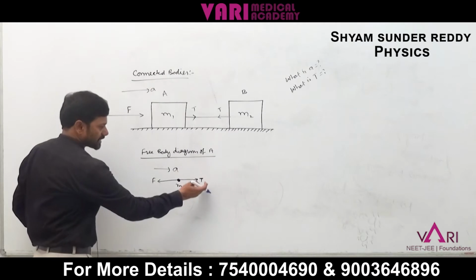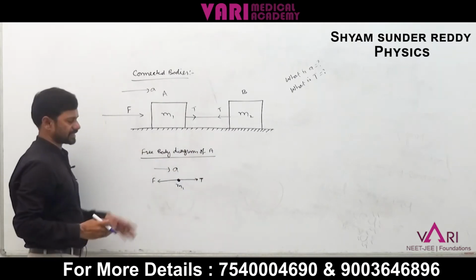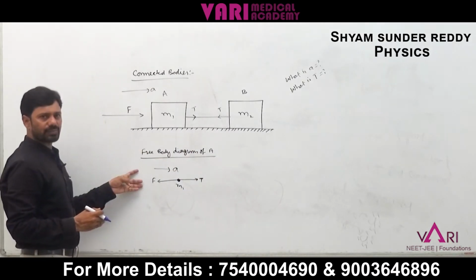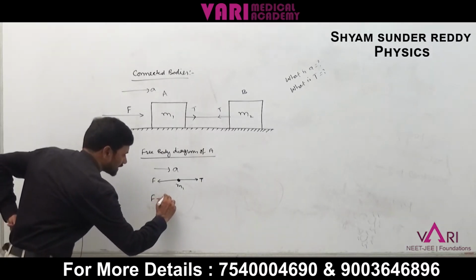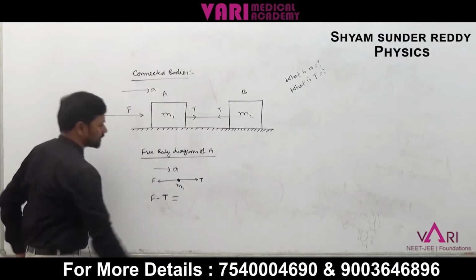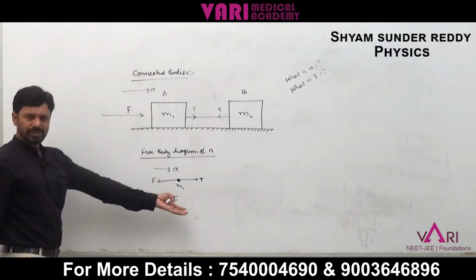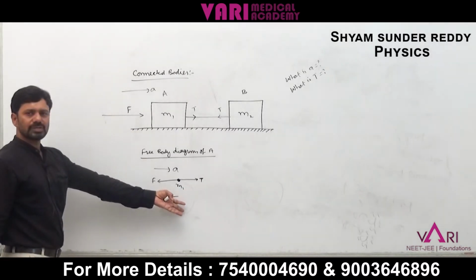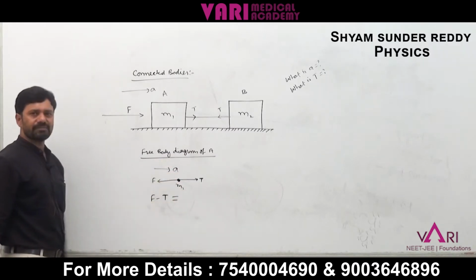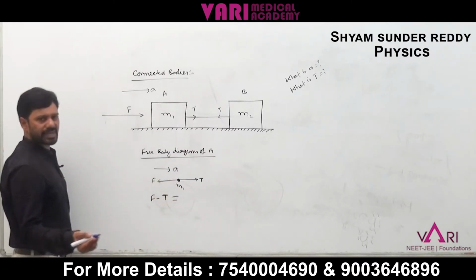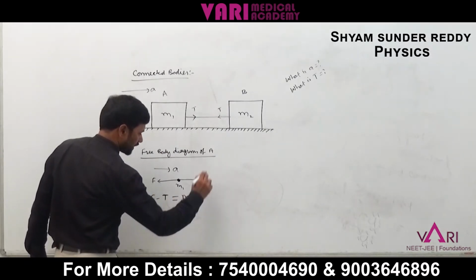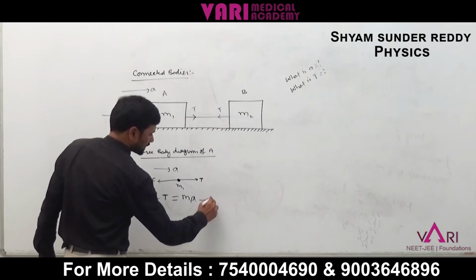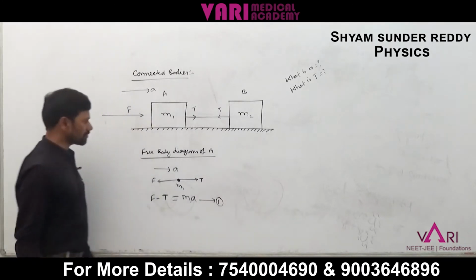That's why the tensional force is less compared to the applied force. So F minus T is equal to the net force. That force is nothing but m1a, since F is equal to ma according to Newton's law. This is m1a. Take this as equation number 1.